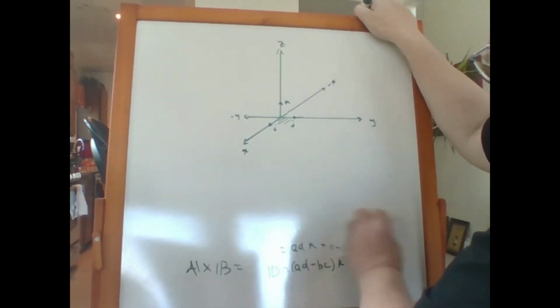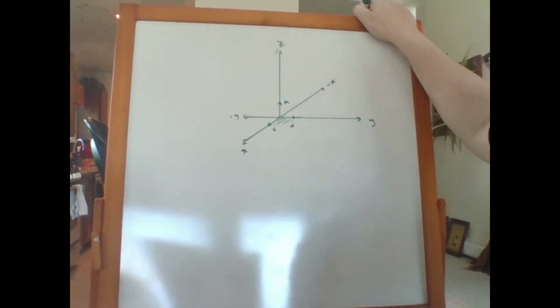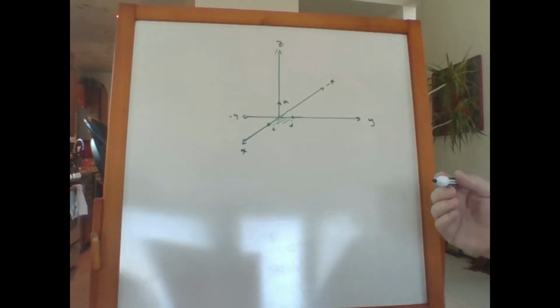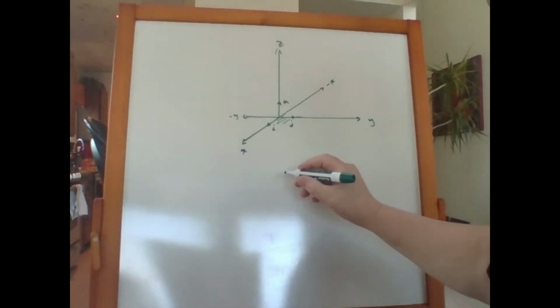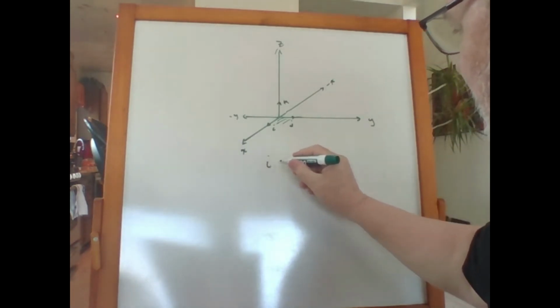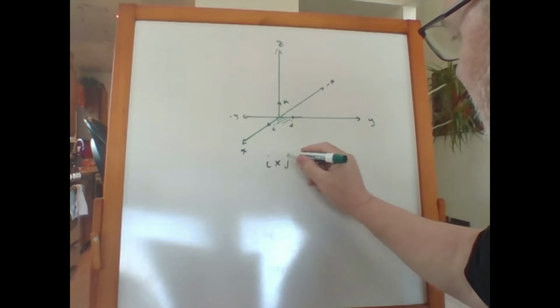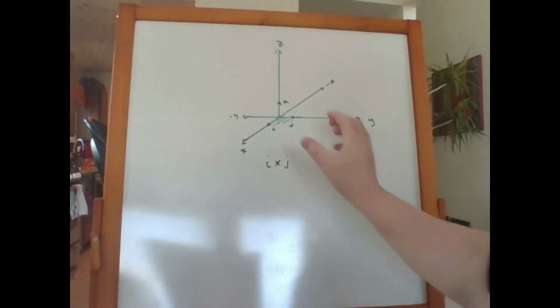Okay, so we're given a rule where we have I cross J, and it's called the right hand rule.